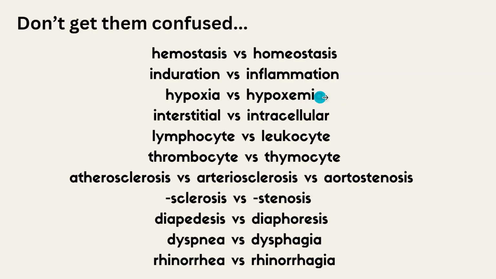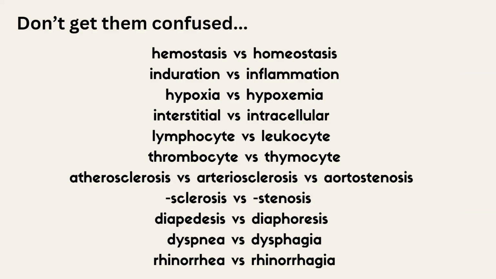So emia means blood condition. Hypo is going to be not enough. Ox is going to be oxygen. So hypoxemia is a condition of the blood of not having enough oxygen. So not enough oxygen in the bloodstream. Versus hypoxia is just generally not enough oxygen. So hypoxemia is a bit more specific.